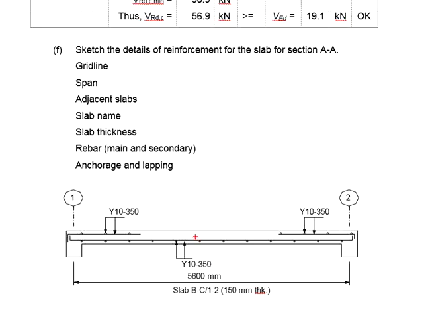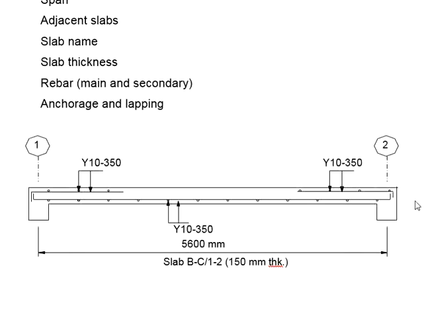Now, if you look at the arrangement of the reinforcement bar here, you know that this will be the main reinforcement and this will be the secondary reinforcement. This is as far as the bottom reinforcement bar is concerned.